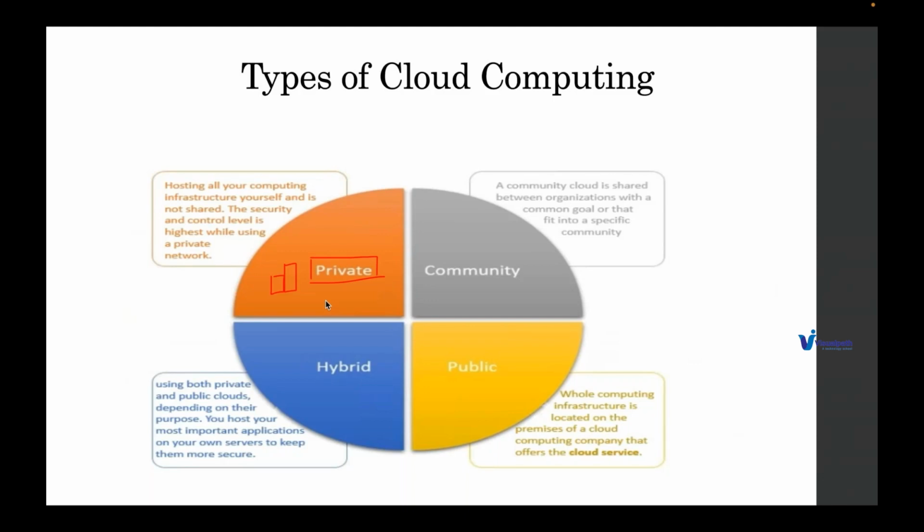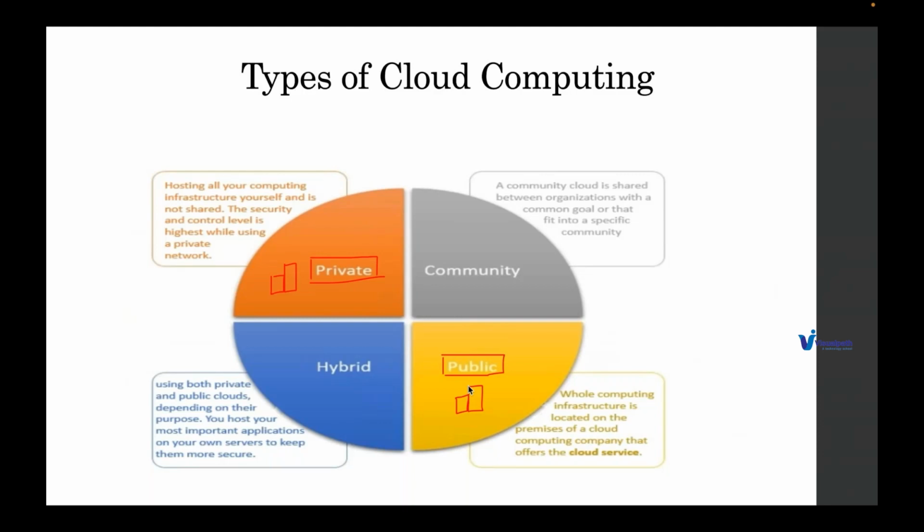Next is the public cloud. The name itself says public, meaning an infrastructure is built which is available to the public. Anyone can build their services on that infrastructure and host their applications, like Amazon AWS, Azure, Google.